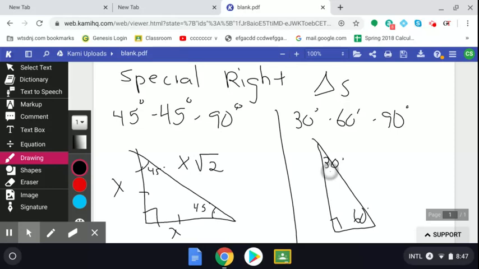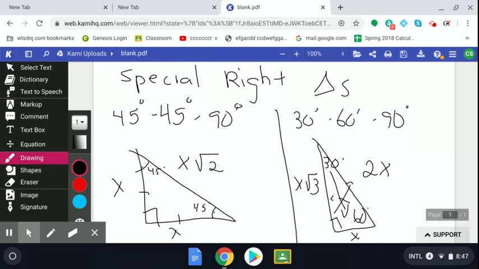If the shorter leg, which is the leg across from the 30-degree angle, is x, the longer leg, which is the leg across from 60 degrees, is always going to be x times the square root of 3. And the hypotenuse, which is across from the right angle, is always going to be 2 times the short leg, or 2x. That's what you need to remember.